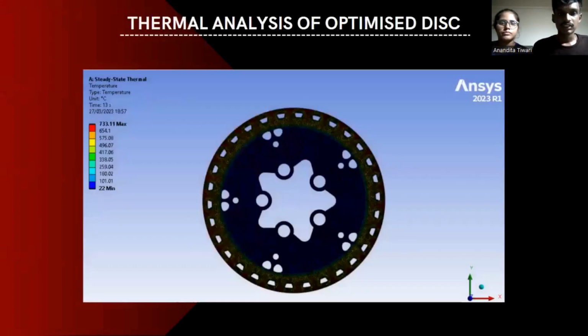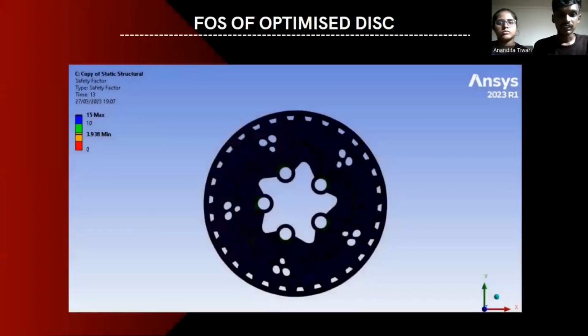This is our thermal analysis, where the maximum temperature is 733, which is around 200 Kelvin lesser than what we got in our baseline design. Moving ahead with the FOS, the maximum FOS we got is 15 and the minimum is 3.9, which is also way bigger than the baseline design, which had just 2.9.